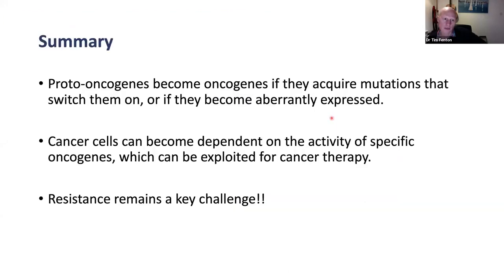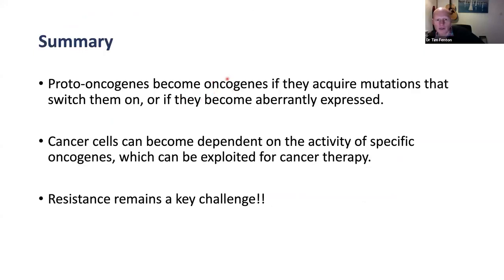So to summarize, hopefully I've explained that proto-oncogenes are genes that are normally very useful in helping our tissues to grow and to maintain themselves, but if they happen to acquire mutations, this can cause the proteins that they encode to become constantly in an on state, and this is a bad thing. We need to be able to turn pro-growth signals on and off, and so they become oncogenes.